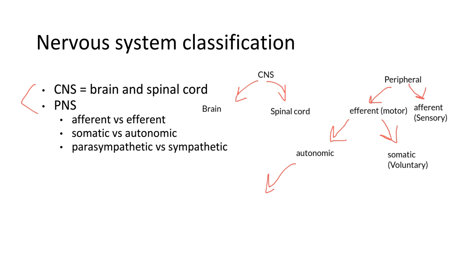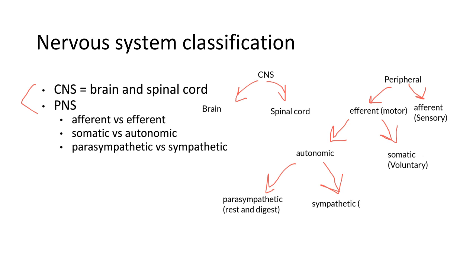Okay, and my autonomic system is going to be further broken down into parasympathetics, which is also known as our rest and digest. And we're going to look more in depth at these later, kind of near the end. So we have our parasympathetic, which is our rest and digest. And as some of you are probably more familiar with, our sympathetic, right?